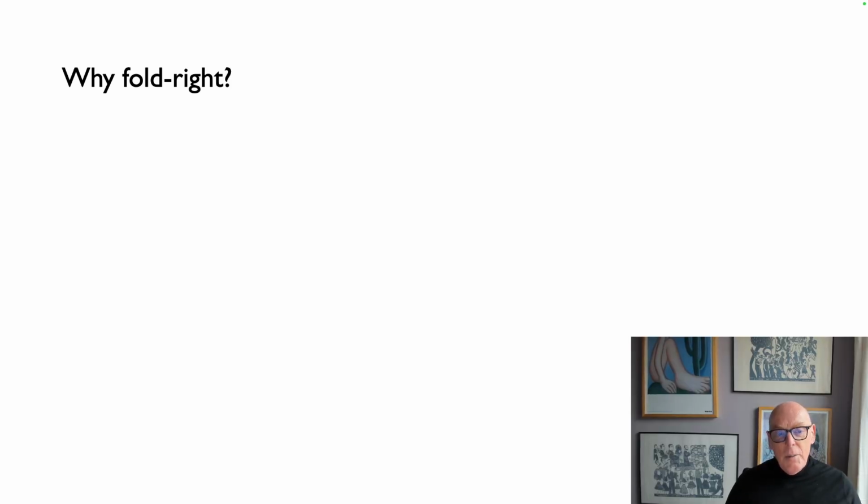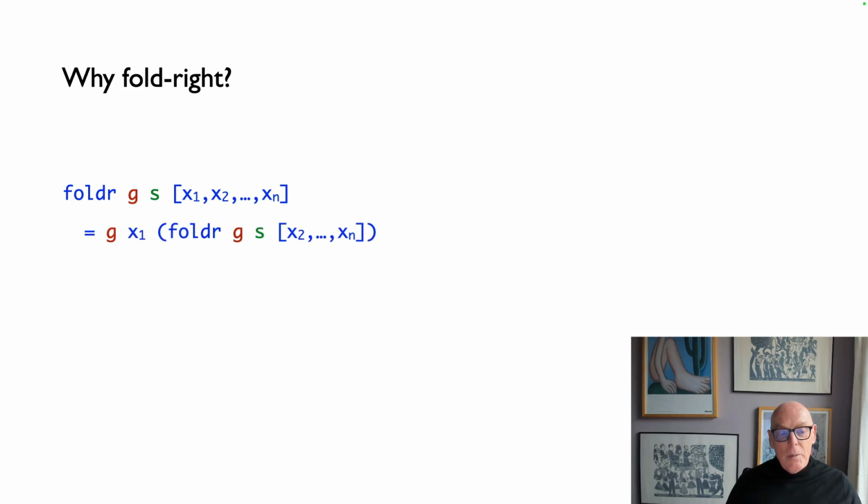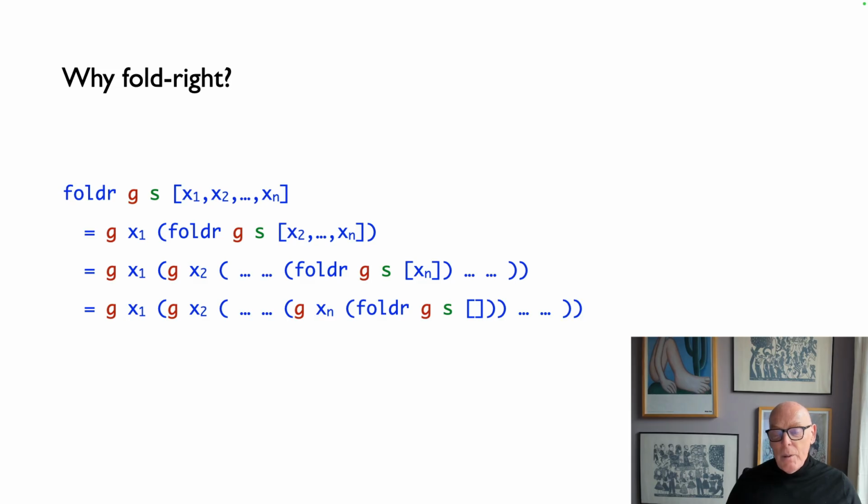Now, why is this called fold right? Let's do an experiment. Let's unfold, as it were, this application of foldr. What happens first of all is we take x1 off the list, apply g to that and foldr on the remainder. And again, we apply g to x2 and foldr on whatever is left. And repeating that, we get down to the final case where we have an empty list and foldr g s on that empty list gives us just s. And so we've got this repeated application of g through the list.